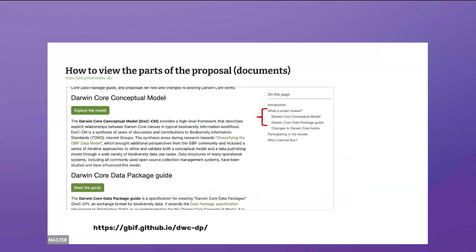To view these documents and the proposed term changes, there are links from a landing page at the URL shown at the bottom of this slide. This landing page is also linked from the news item announcing the public review on the TADWIG website at tadwig.org. You can jump directly to the document links using the sidebar index.